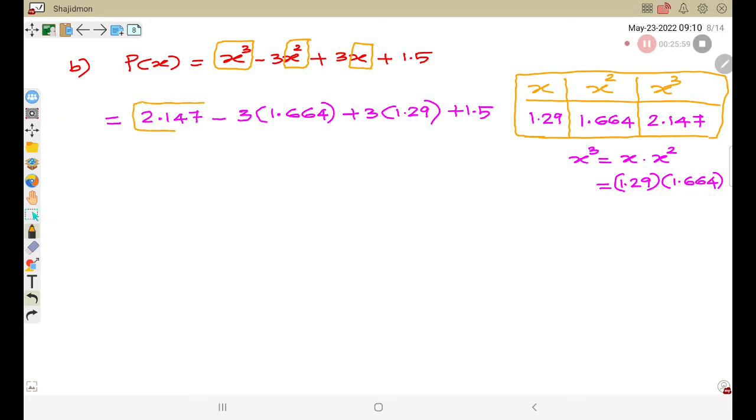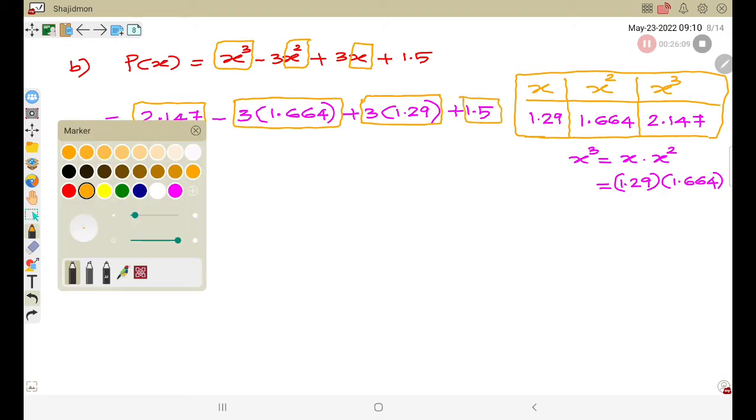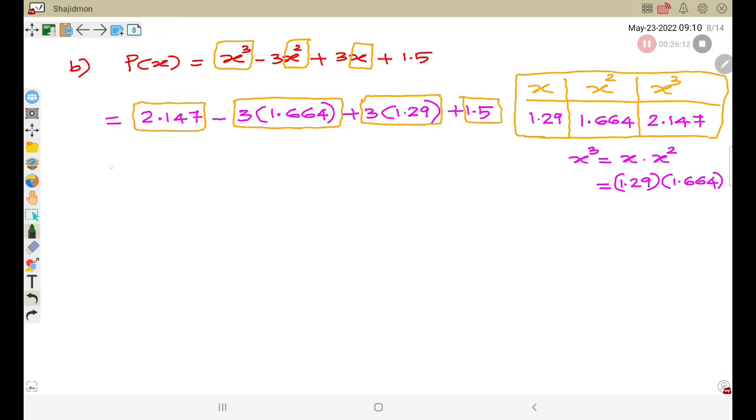Separately you can calculate like this in a box. All calculation we need to do with 4 digits rounding. So you will get 2.147, first number, minus 3 multiply 1.664. You can check, take the 4 digits rounding number.